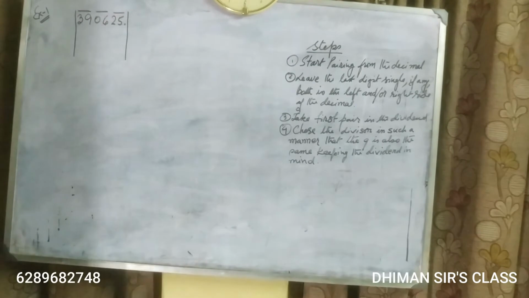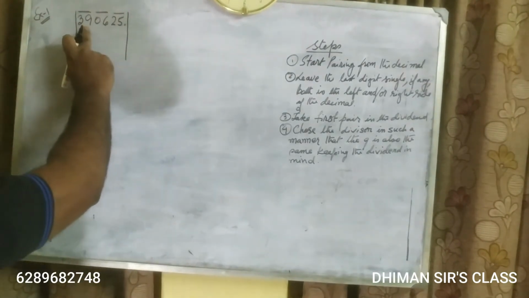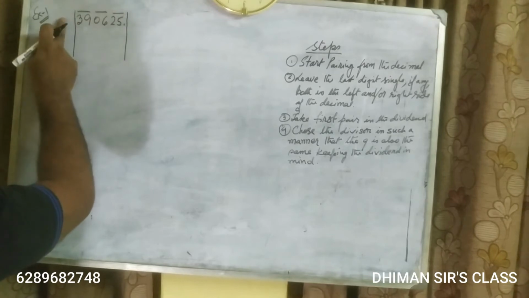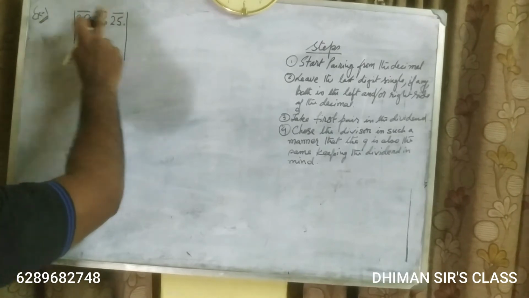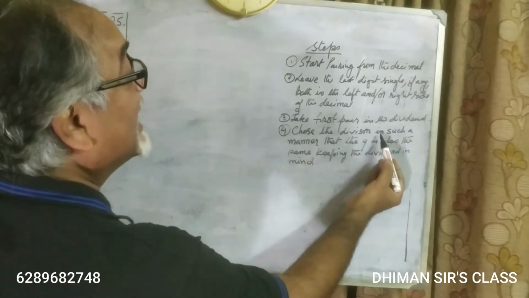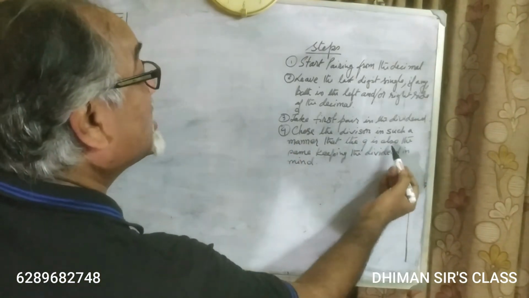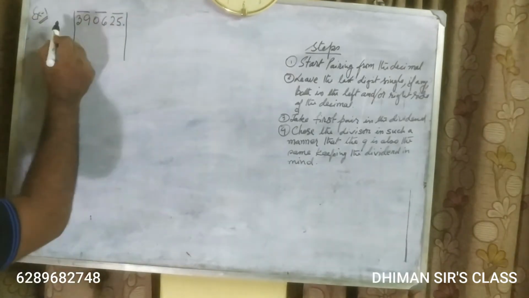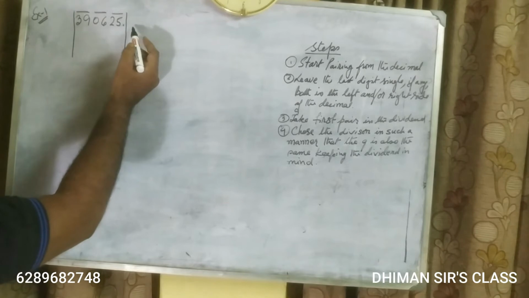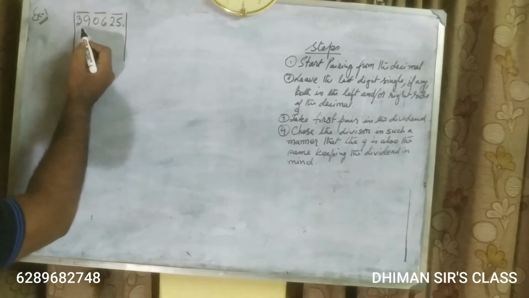What is the dividend here? 39. So divisor and quotient should both be the same. Choose the divisor in such a manner that the quotient is also the same, keeping in mind the dividend.